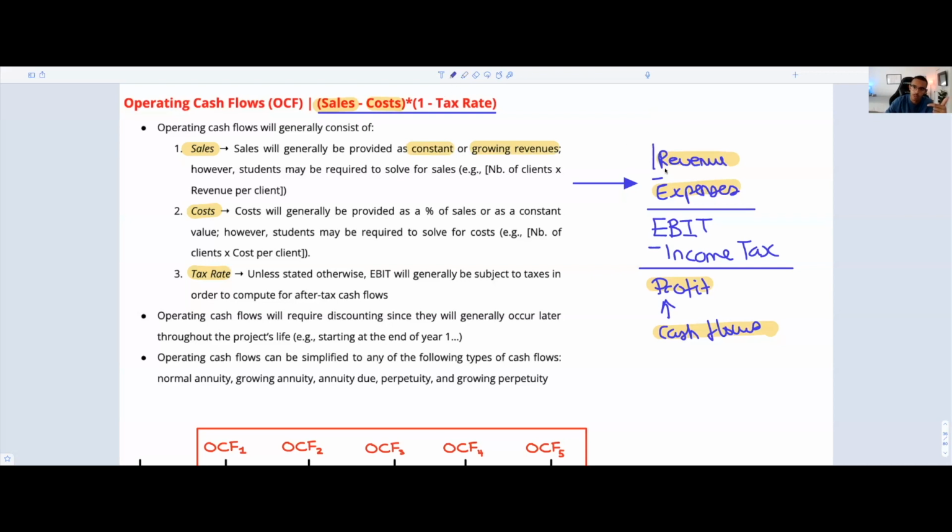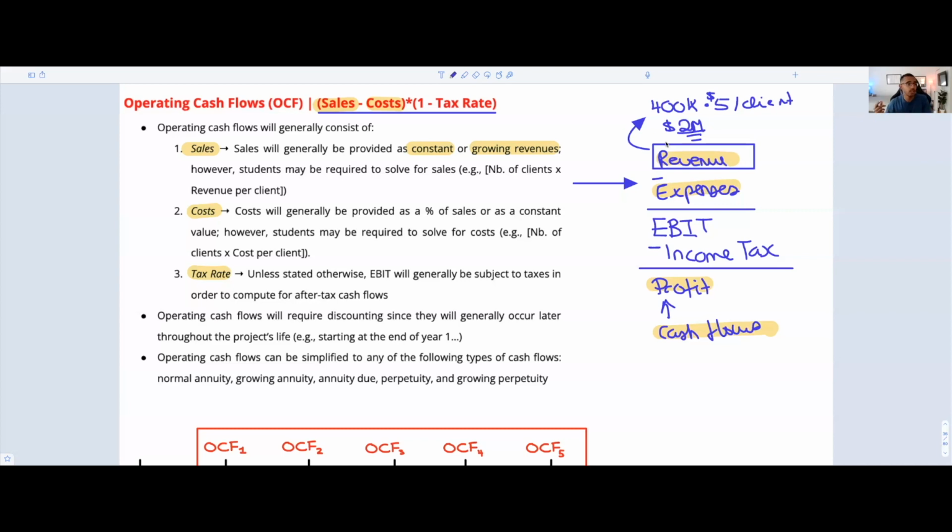So for example, they may say you have, call it, 400K clients and they pay $5 each per client, such that you would have to do 400K times 5. I'm going to say that that's $2 million, all right? And that would be your revenue. So it's important to understand that sometimes they could throw a curveball at you, okay?